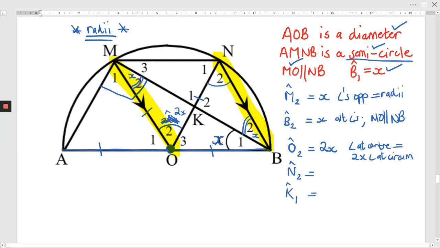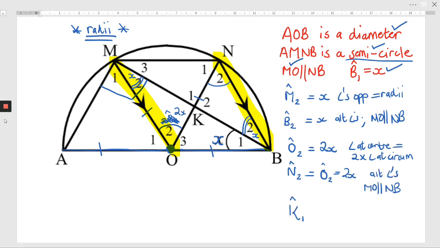So N2, I just want to say there, equals O2 equals 2X, and then the reason there was also alternate angles. And then K1, where is K1? K1's here. So I'm thinking about K1. I'm going to mark it as an extra thick one so I don't confuse it with my other little bars. Okay, K1, something to do with X.